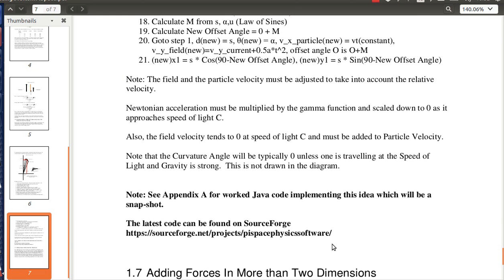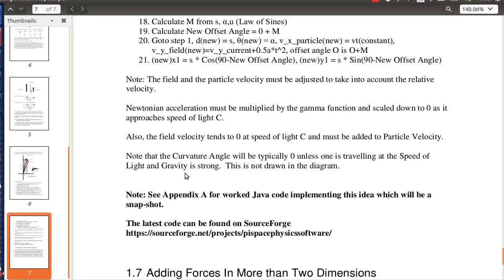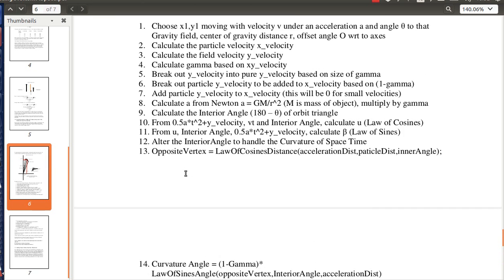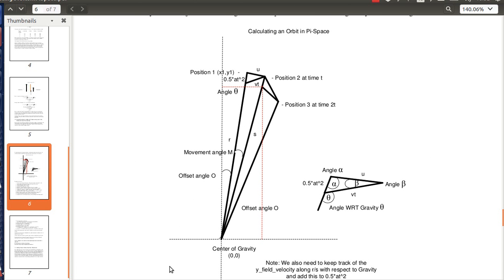At the moment, the code is up on the PySpace Physics software location on SourceForge at the time of recording. The diagram is really what the steps are calculating. It's basically a series of triangles where this v t is constant. This is the conservation of momentum interacting with the field effect, and you just calculate the different angles and so on, and you just work with it.